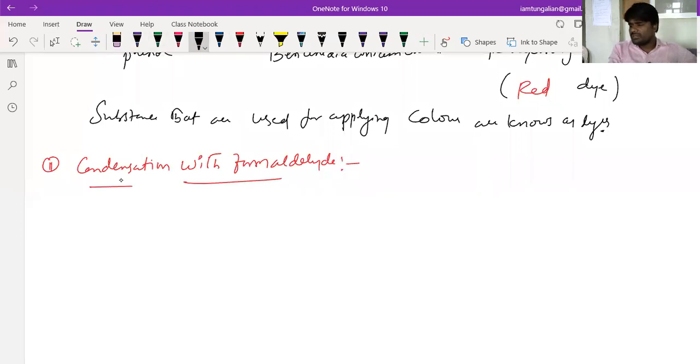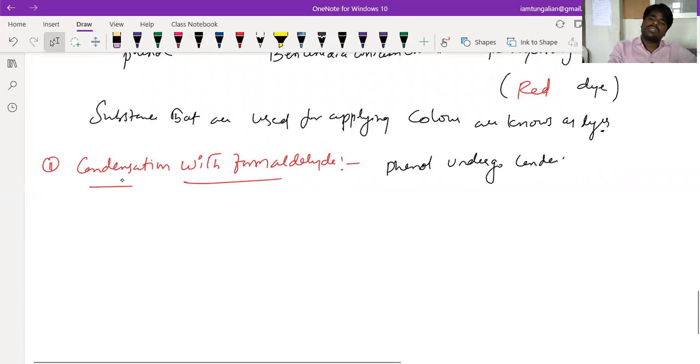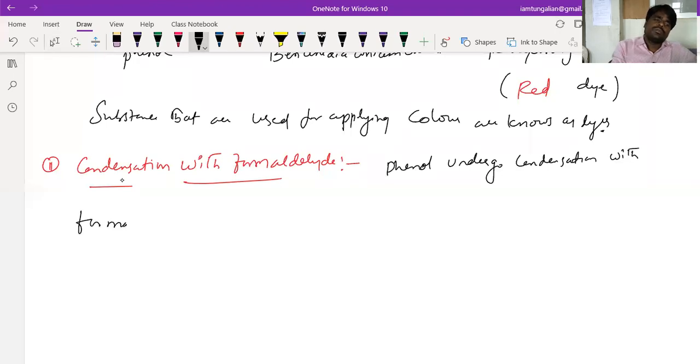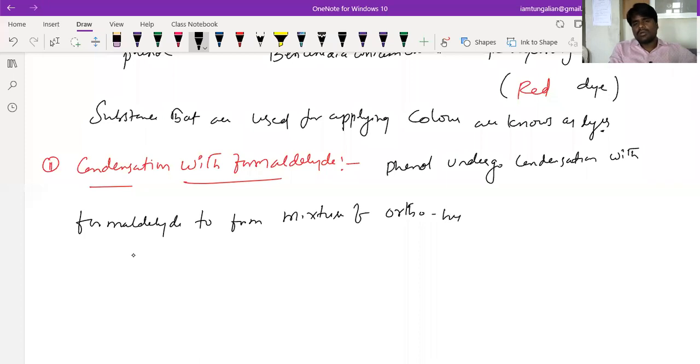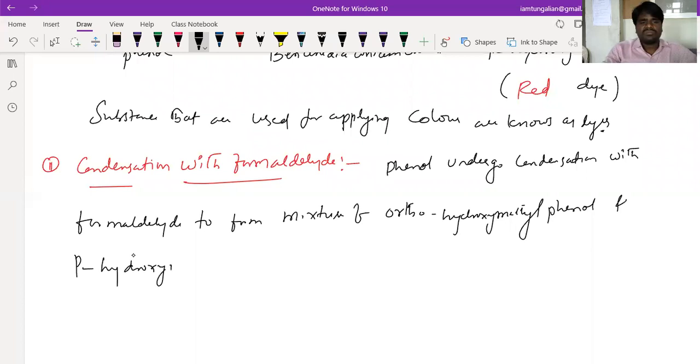Phenol on reaction with formaldehyde undergoes condensation to form a mixture of ortho hydroxy methyl phenol and para hydroxy methyl phenol.